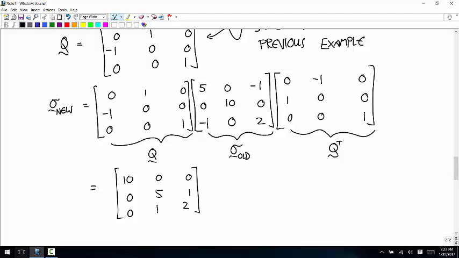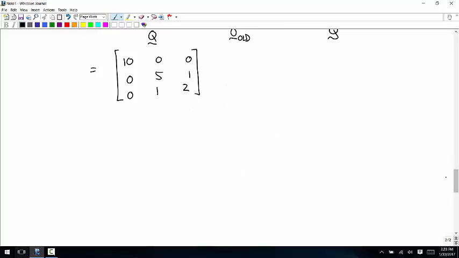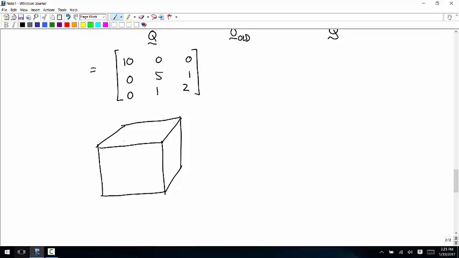Well, so now we're going to check it. So now we're going to draw this new stress cube. And now the coordinate system for this stress cube has the x-axis up, the y-axis that way, and the z-axis still towards us.